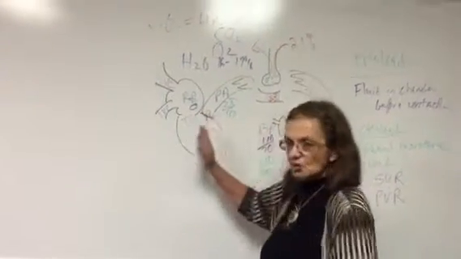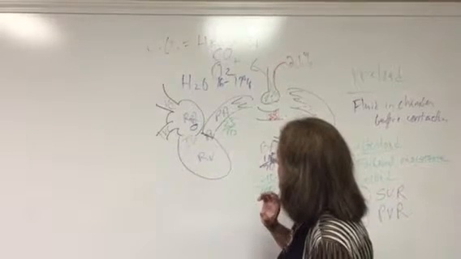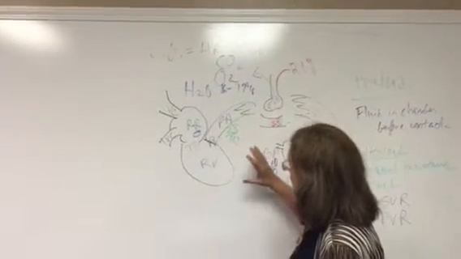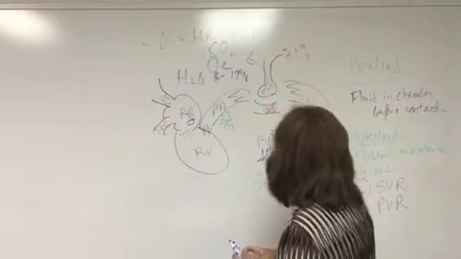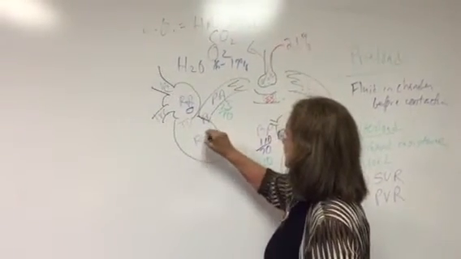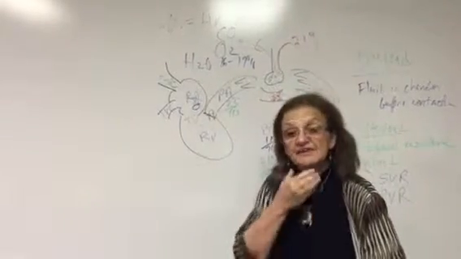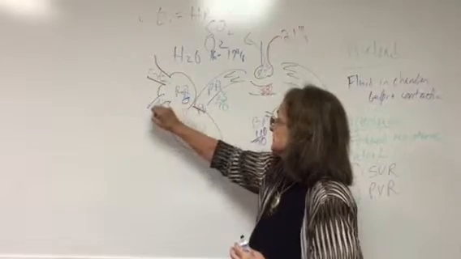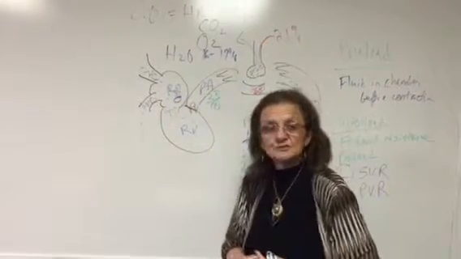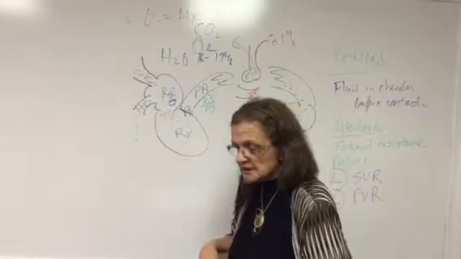It almost always fails secondarily to the left. So if the right ventricle eventually fails and it can't get fluid forward, then that fluid's going to back up where it came from. Superior vena cava, you're going to get jugular venous distension. Inferior vena cava, which is going to result in peripheral edema.